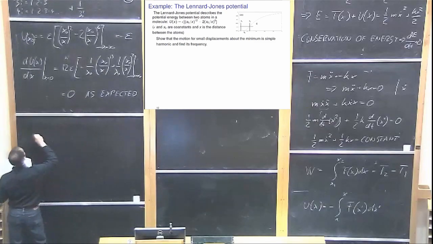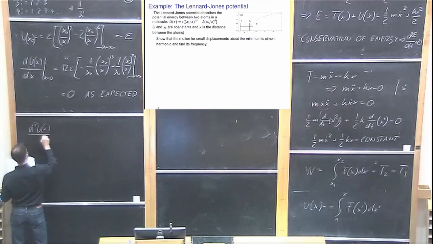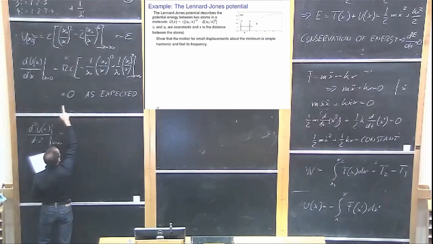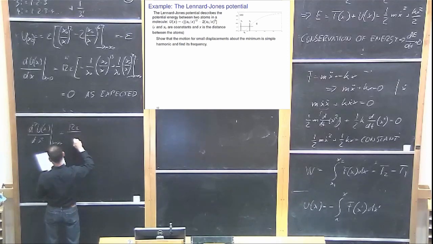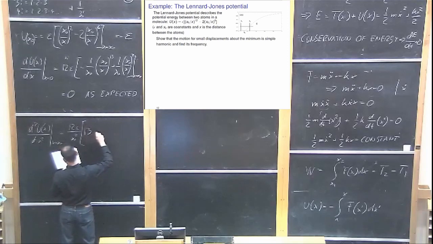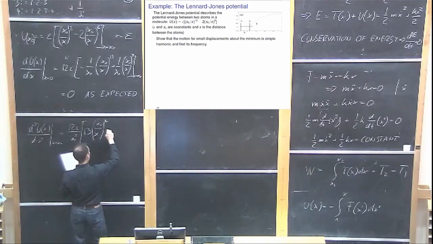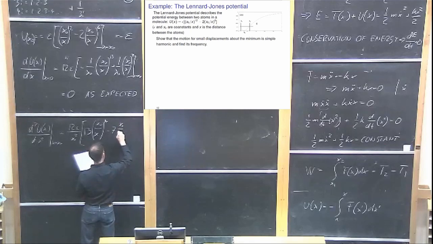Now, the last term, d squared u of x dx squared at x equals x naught equals, so we're going to continue from there, 12 epsilon over x naught squared times (13 x naught over x to the 14th minus 7 x naught over x to the 8th), evaluated at x equals x naught.